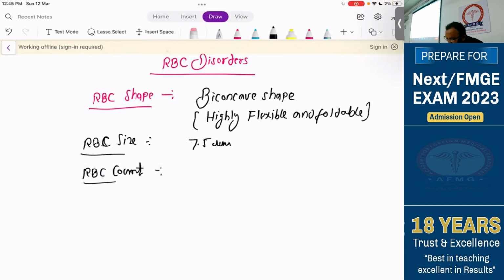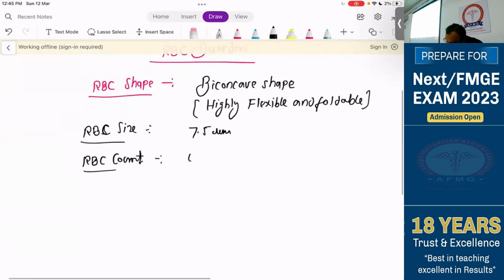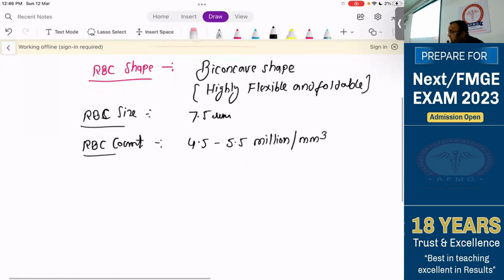Just for question purpose, I'll tell you that it is around 4.5 to 5.5 million per mm cube. So the shape is biconcave, the size is around 7.5 micron, and count is around 4.5 to 5.5 million.